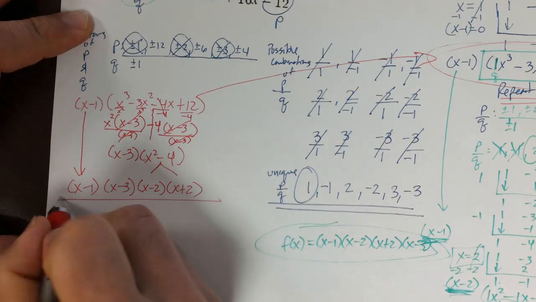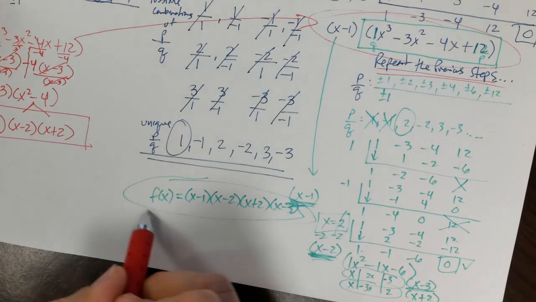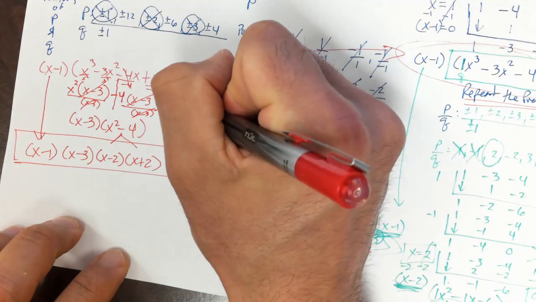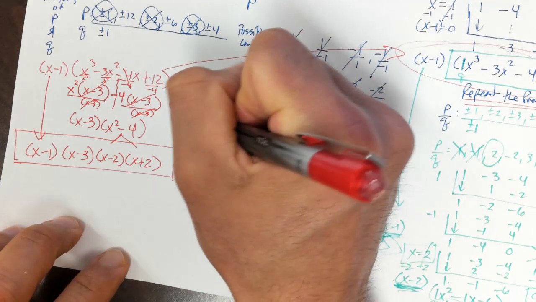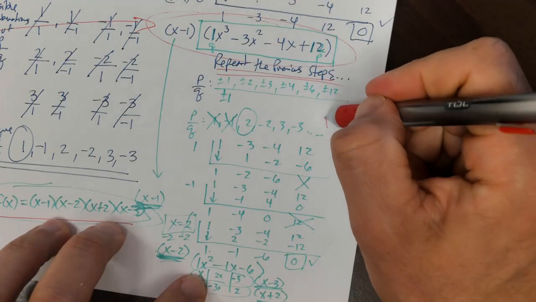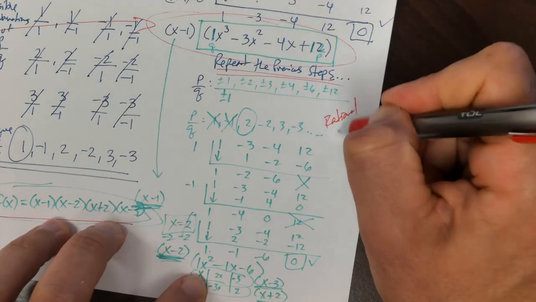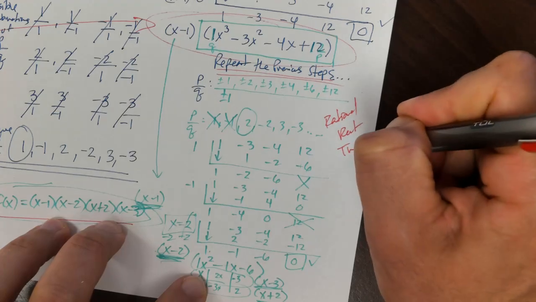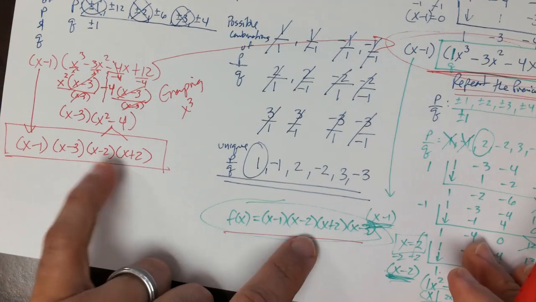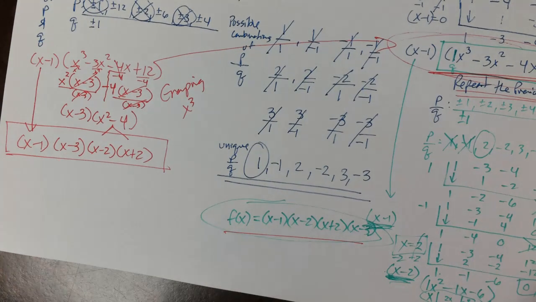I have the same four factors as we did over here, except that here I use grouping when I had the cubic. And over here, I did the rational root theorem when I got my cubic. They both result, as you can see, with the same four factors.